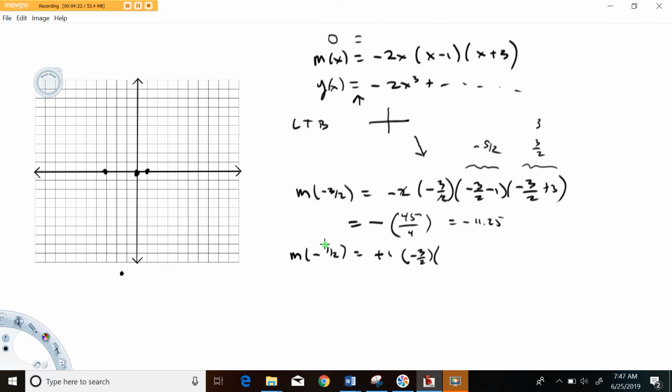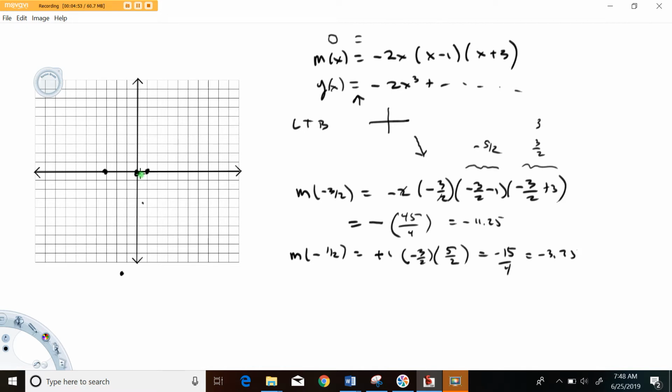And if we put a minus 1/2 here, that's 2.5 or 5 halves. So it looks like we're going to get minus 15 fourths. And what is that? Right, so that's minus 3.75. So that's going to put us 1, 2, 3, about here.